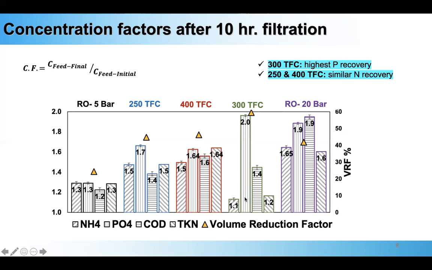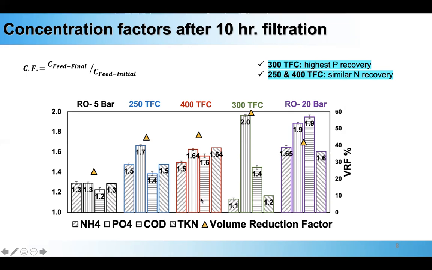They have a very good phosphorus removal, but this membrane, since it's a semi-aromatic membrane and it has a more hydrophilic surface, could have the highest flux and permeation rate among the membranes, so it could concentrate the phosphorus much better than the others. But since it had a low nitrogen removal rate, it couldn't really concentrate the nitrogen because most of it was passing through the membrane.